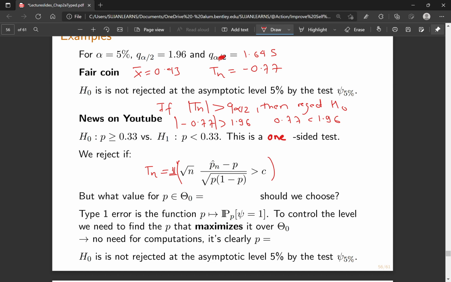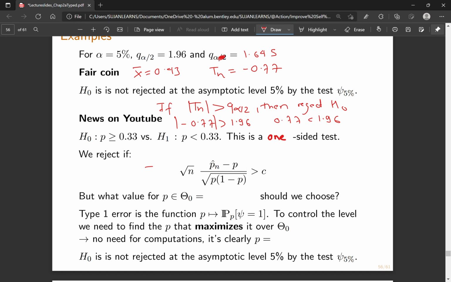Now, in this clause, should I put the absolute value around this expression? No, correct. Because if you put the absolute value around this expression, then it will become a two-sided test. But we are not interested in a two-sided test.